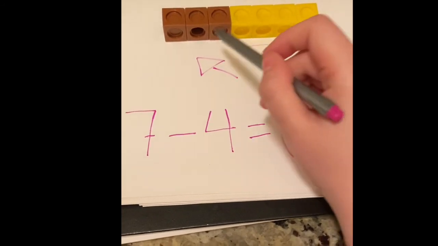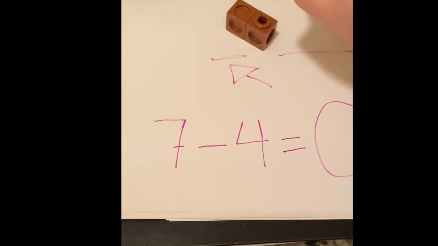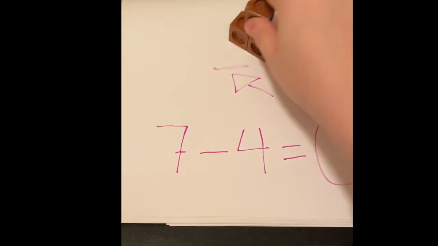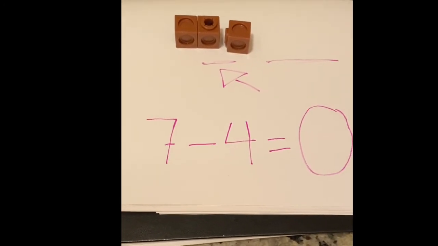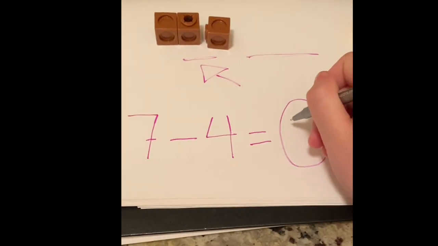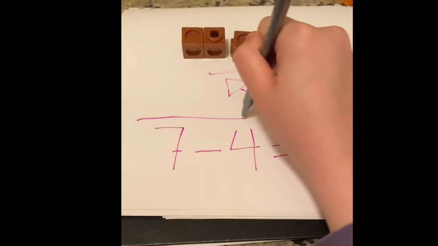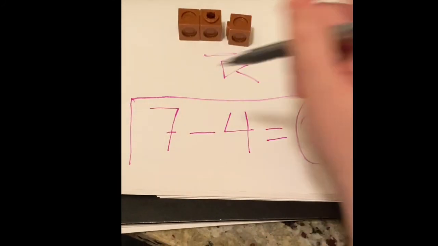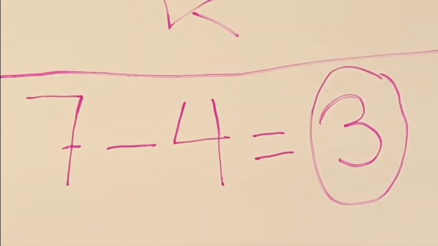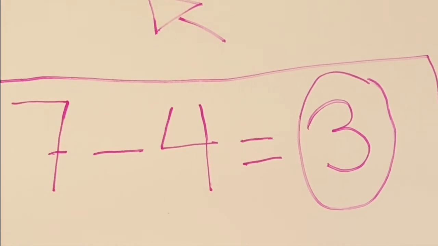Keeble Cubs, tell me, how many brown are left over if we take away the blonde? That's right, friends, 3. Good job. So not only did we just figure out that there was 3 brown cats, but we also just wrote a number sentence. 7 minus 4 is equal to 3.